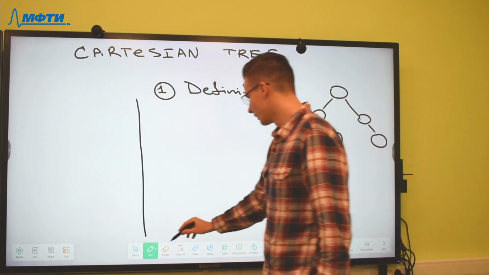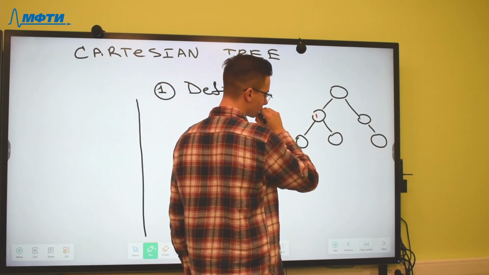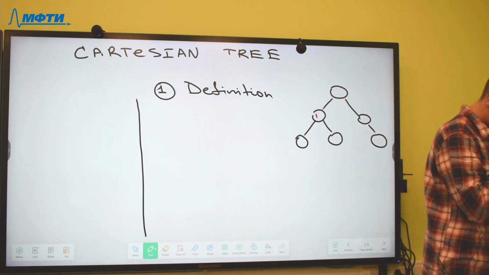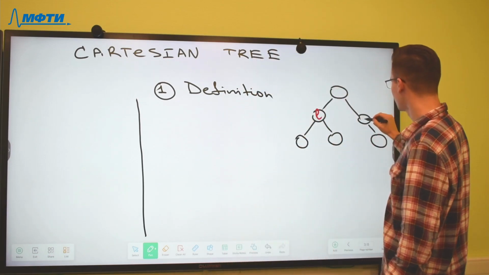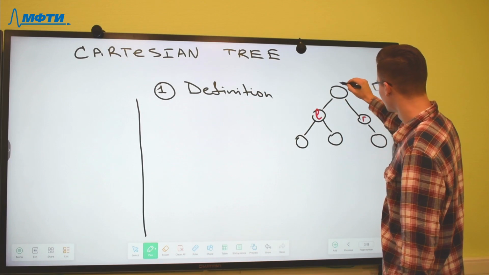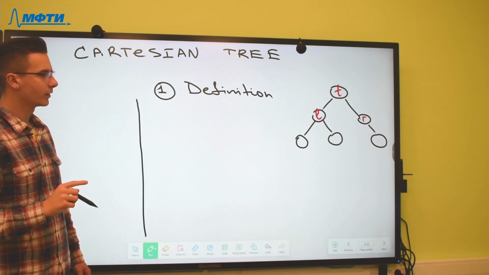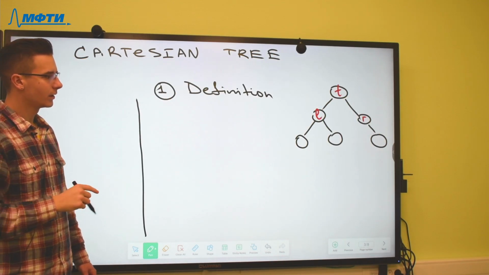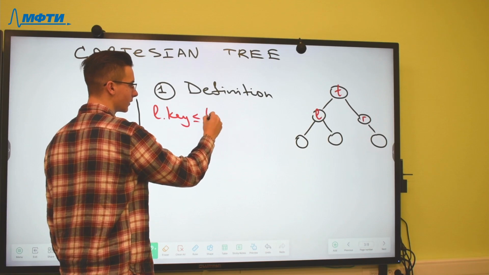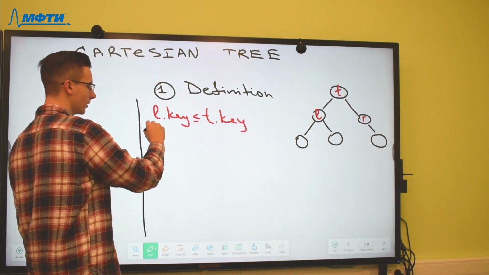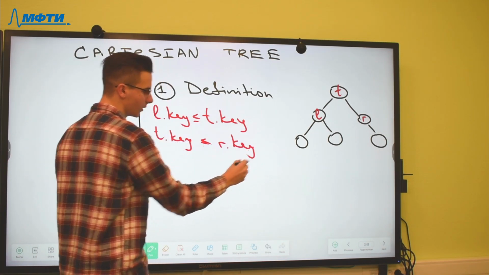Yeah, yeah. We write it like L, T, R, and we know that there are three numbers here, and L is less than or equal to T.key, and T.key is less than or equal to R. Yes?